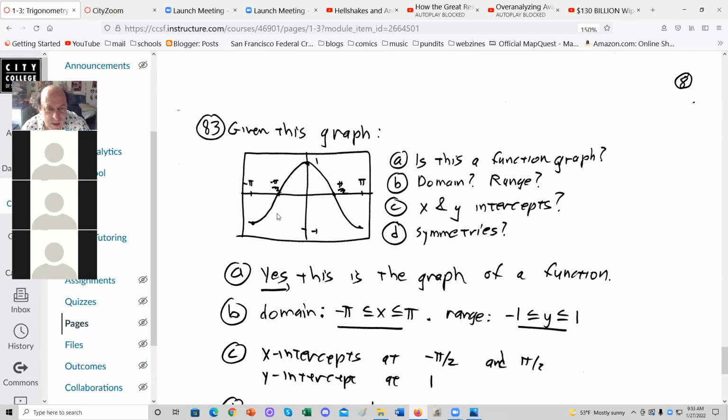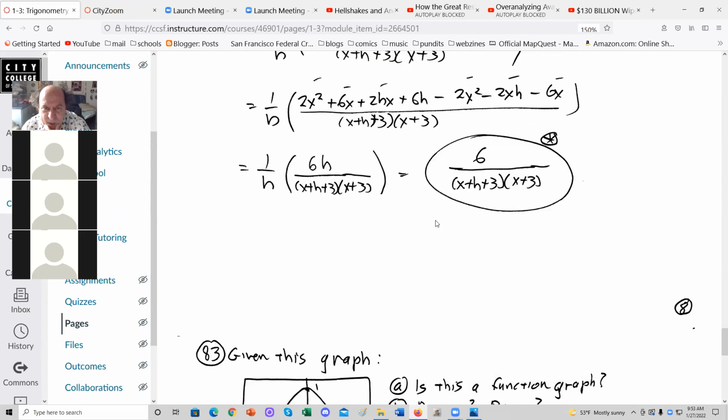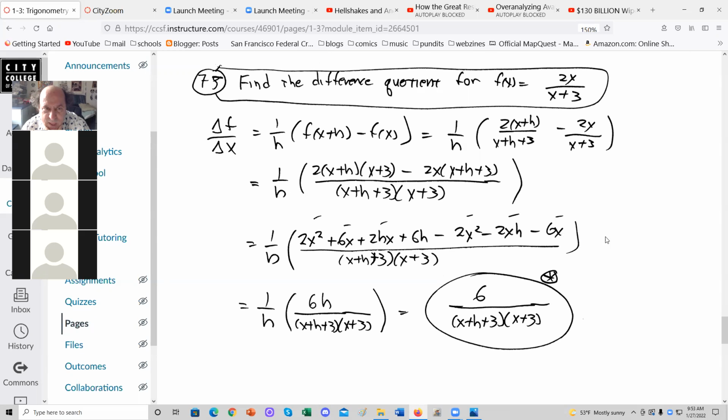One question before we get into number 83. So the previous problem, the delta f over delta x, that's the formula for the difference quotient, yes. The difference quotient. Okay. And then f of x is 2x over x plus 3. You put here, here's f of x plus h.